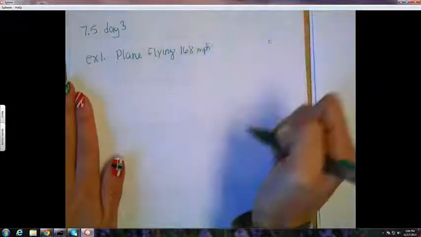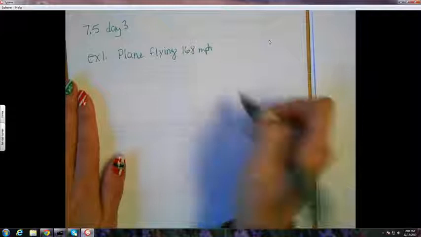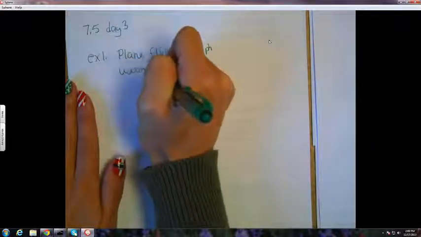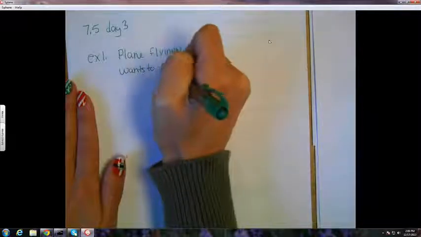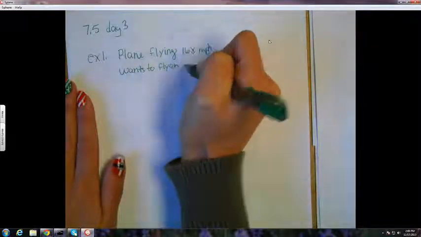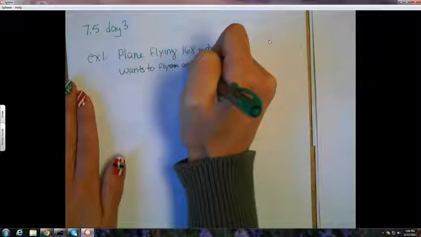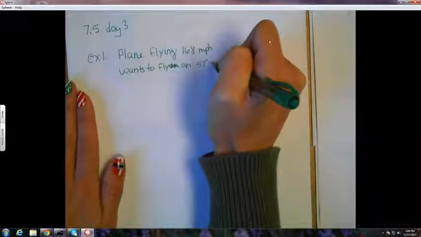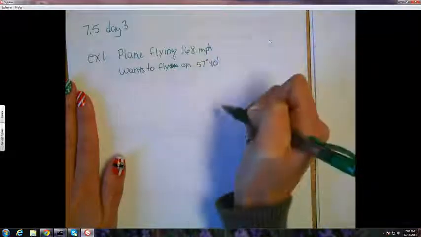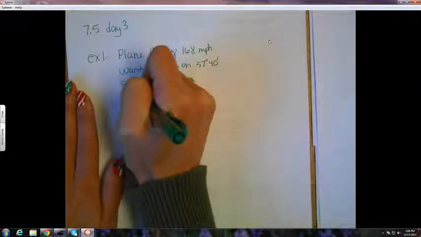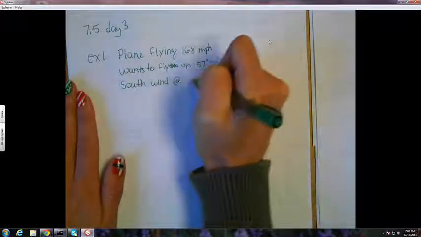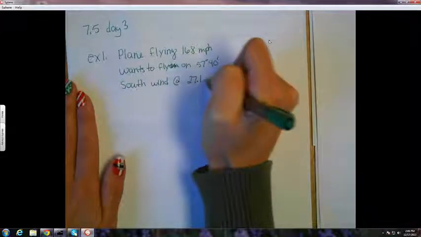But the plane wants to fly on, well, that's two words, fly on a bearing of 57 degrees, 40 minutes. There is a south wind blowing at 27.1 miles per hour.